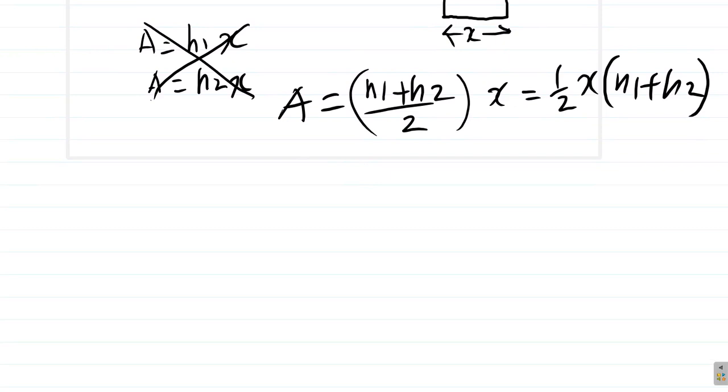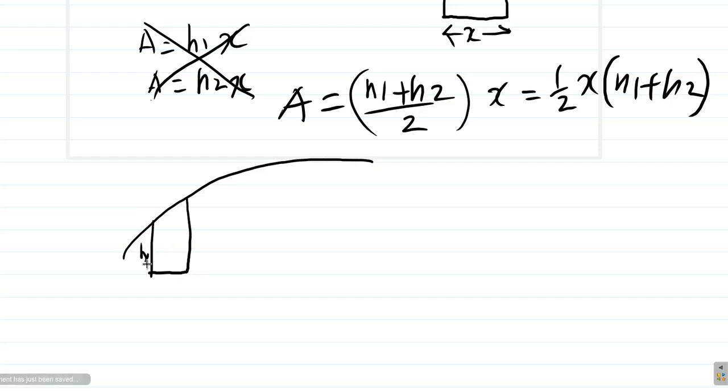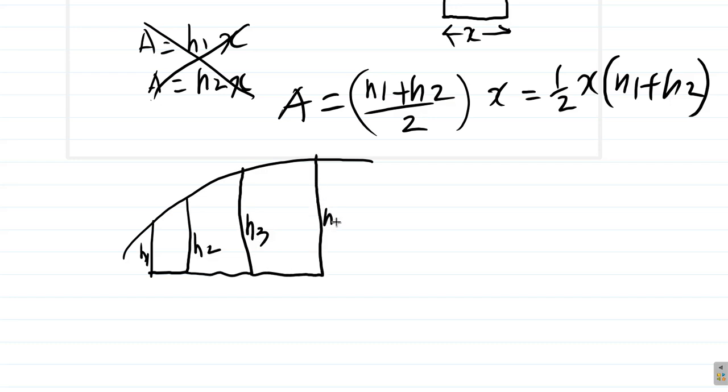Now, if there's a case where you have a curve, and say you have this trapezium with H1, H2, and you have another trapezium with H3, and another trapezium with H4, so this would be 1, 2, 3 ordinates.